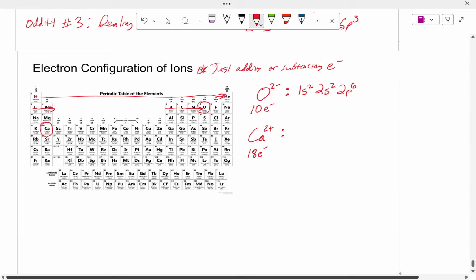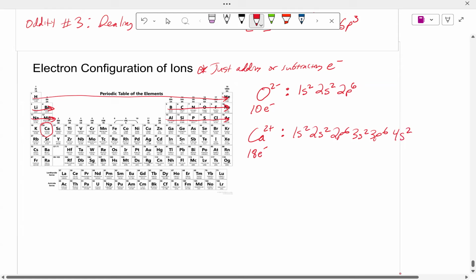Okay, well, let's go through the configuration from the top. So 1s2, 2s2, 2p6, and then I'm going to go to the third row, 3s2, 3p6. Now, if calcium were neutral, I would say 4s2.